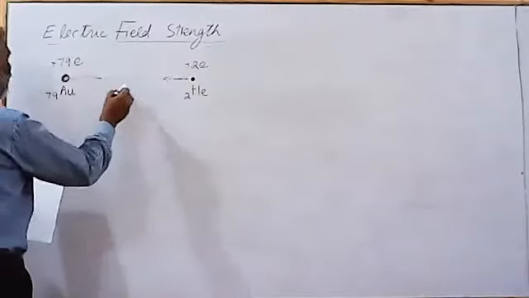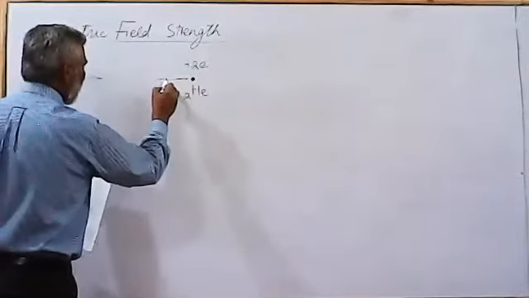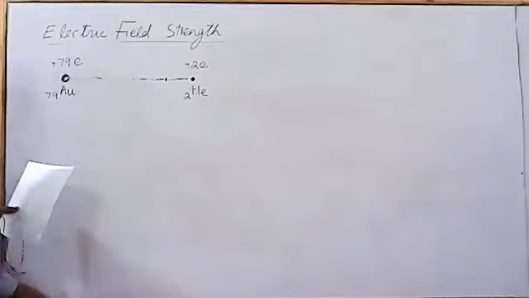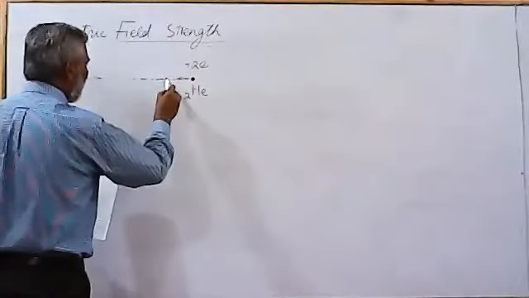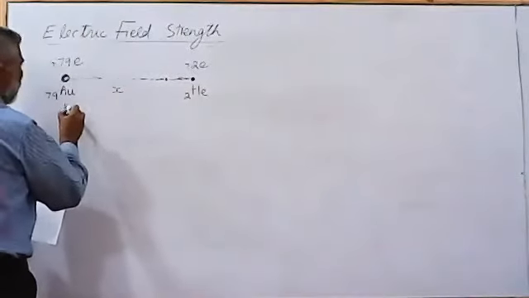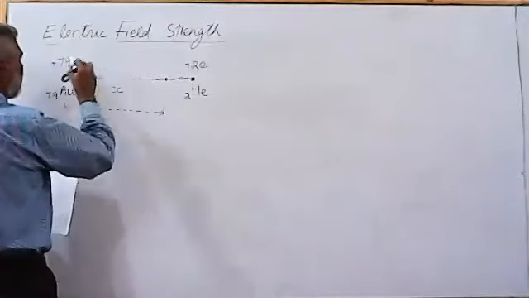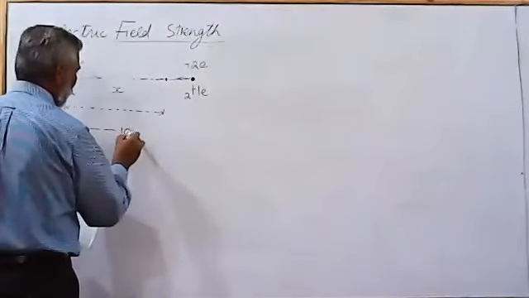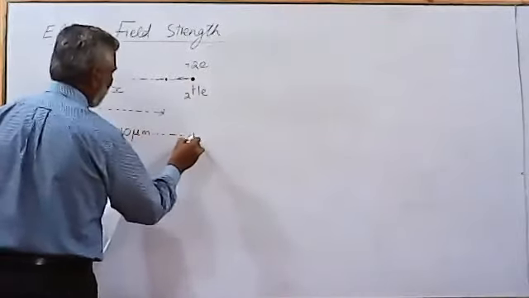Suppose this is the point where the electric fields become equal. They are opposite already, and where they become exactly equal is a distance x from this gold nucleus. So this is distance x. If I know the total distance already, let's say the total distance is 10 micrometer between the two charges.